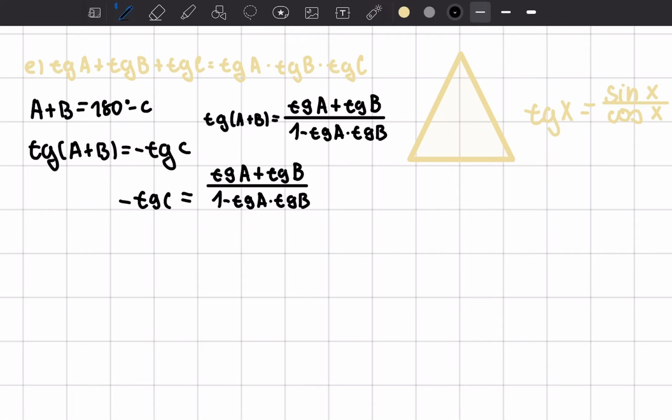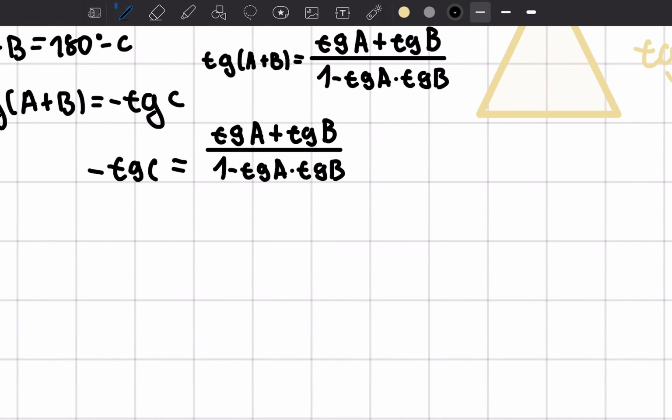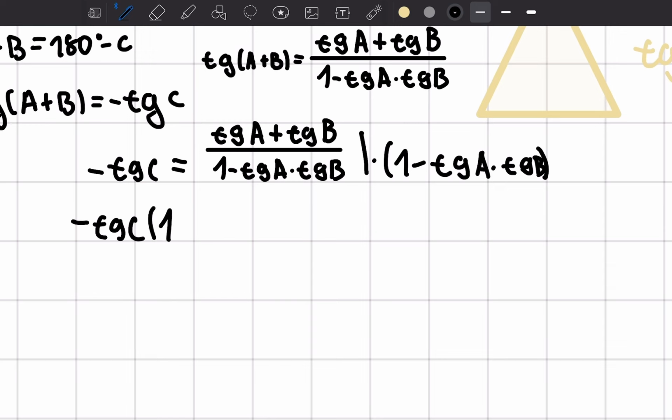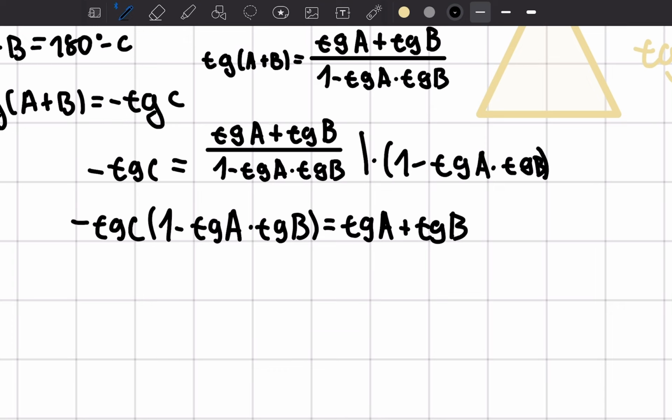Alright? And now it's easy. We're just solving an equation. I'm going to multiply both sides by the denominator of the right hand side. Alright?